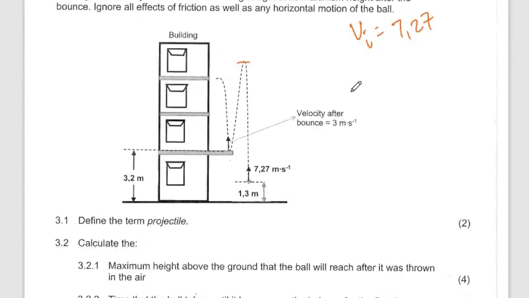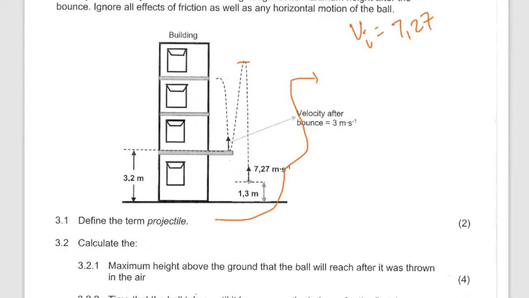What's a projectile? We know that a projectile is a body that's under the influence of the acceleration due to gravity.